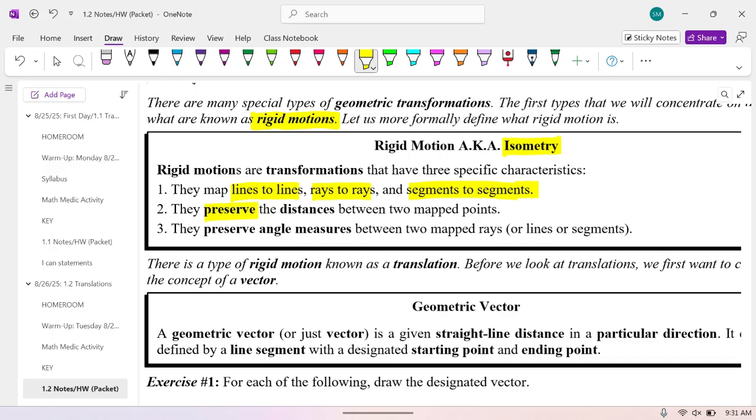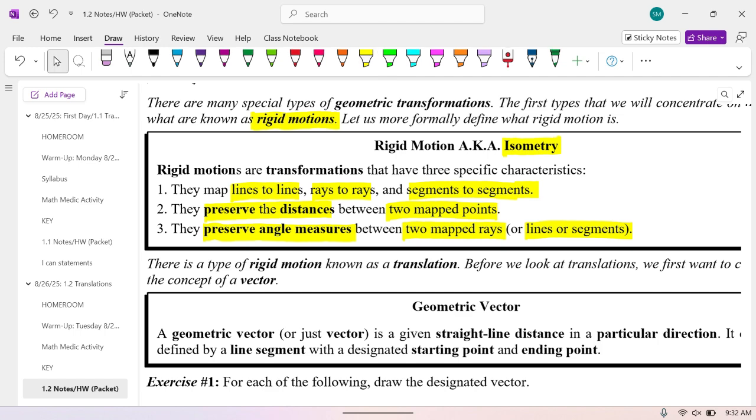They preserve the distances between the two mapped points, meaning all the points are going to be the same distance from their counterpart. And they preserve the angle measures between the two mapped rays, lines, or segments, depending on if it's a shape. So, for example, if we were given a triangle and one of the angles was 45 degrees, one of the angles on the new triangle would have to be 45 degrees.